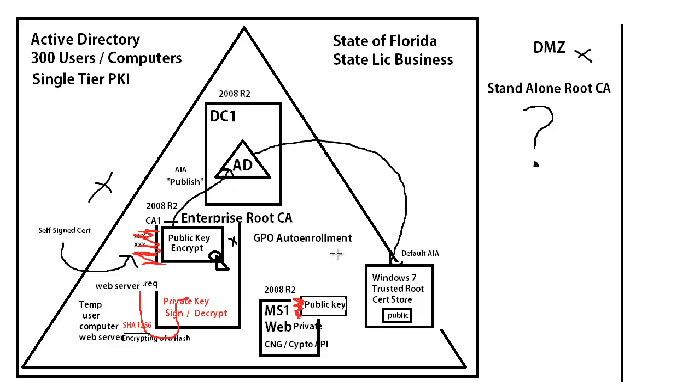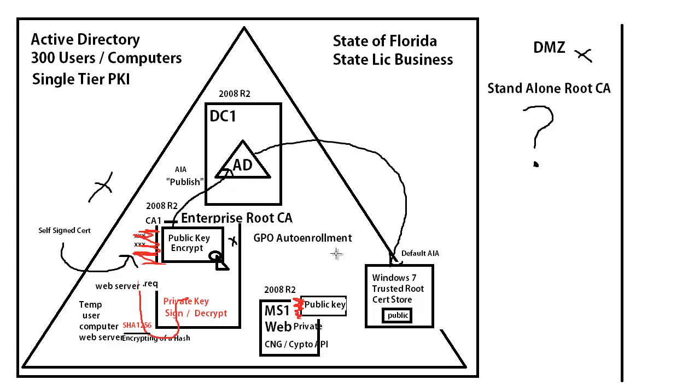We've shown you how the certificate is published into Active Directory through the AIA path and how the Windows 7 machines and all the computers in the domain will pick that up automatically. We talked about the benefits of having an enterprise server versus a standalone. We've also shown you how a web server would make a request for a certificate that then could later get bound to a particular website based on the common name information and then require SSL in a particular folder.